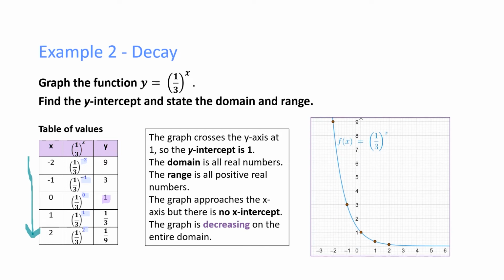And therefore the function this time will start with -2 and 9, its value on the left, and go down to 3, then 1, and keep decreasing, 1/3, 1/9, all the way down towards, but not crossing, the x-axis.